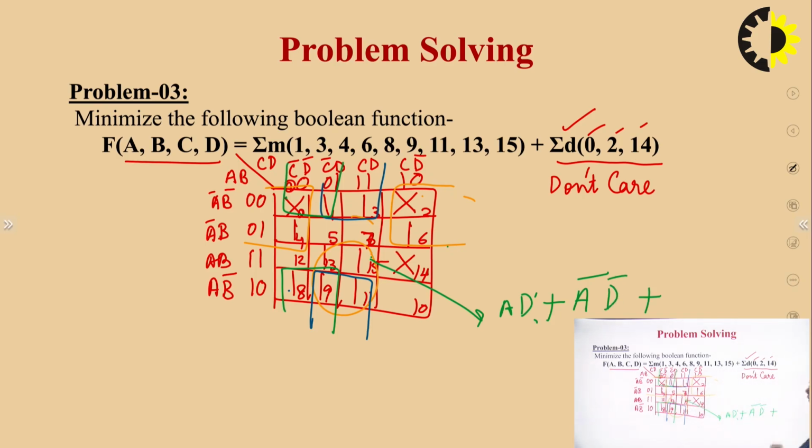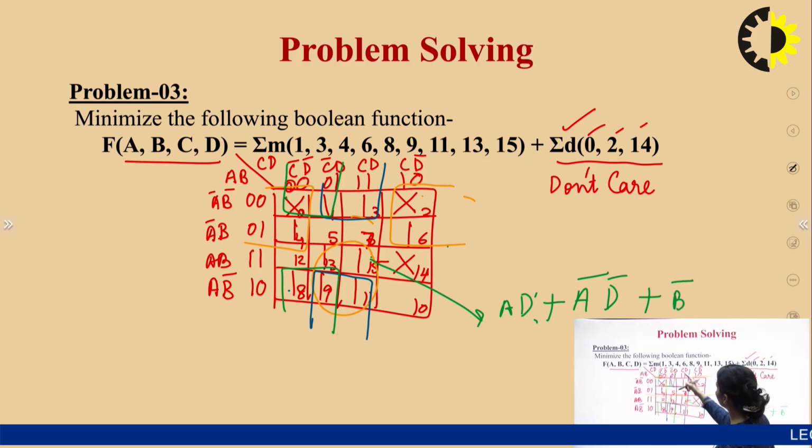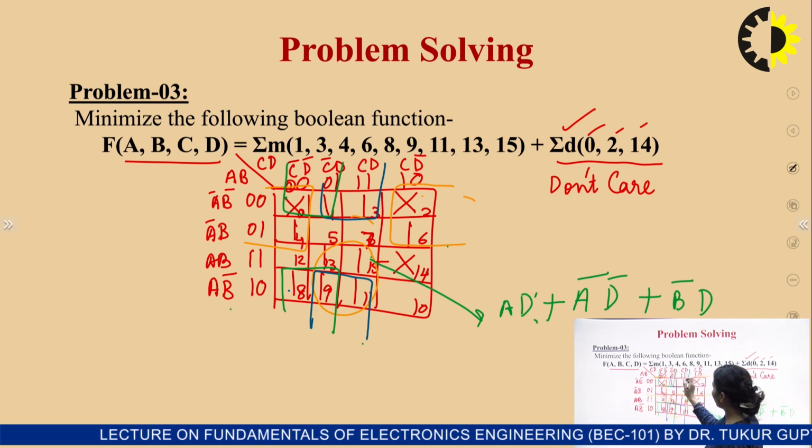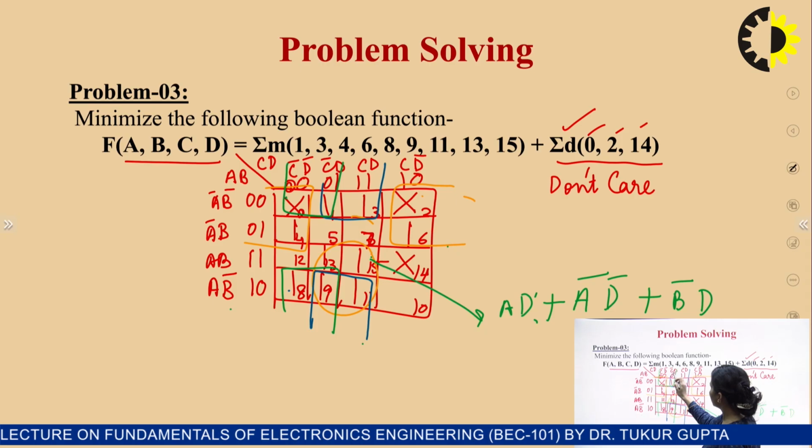Yes, again another group, this blue one. So using this blue one, B bar and D is common. Yes, in the blue circled expression, B bar is common from this, and from these two D is common.